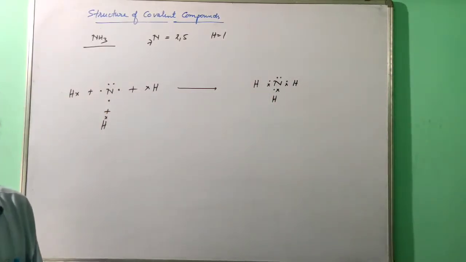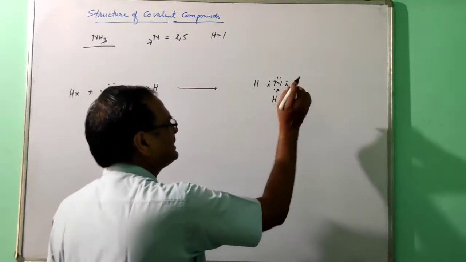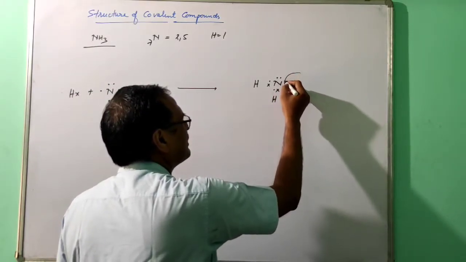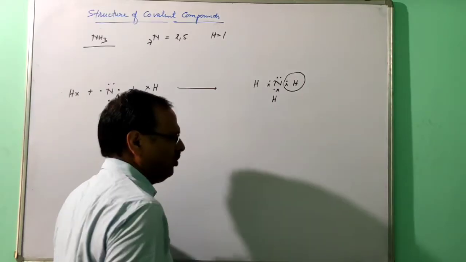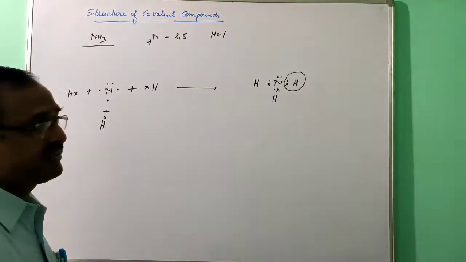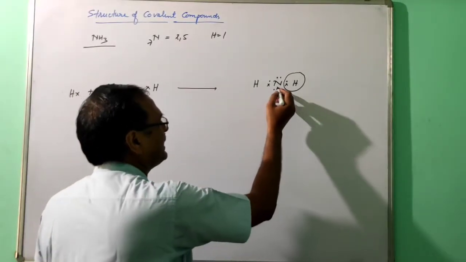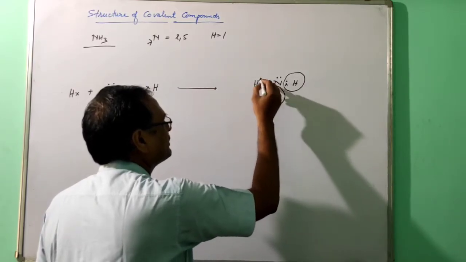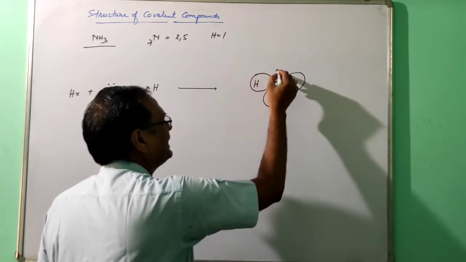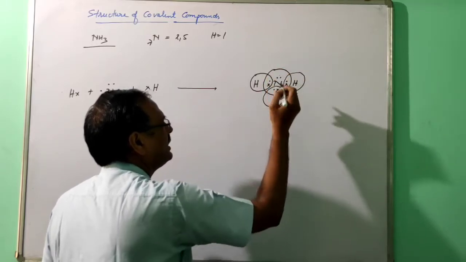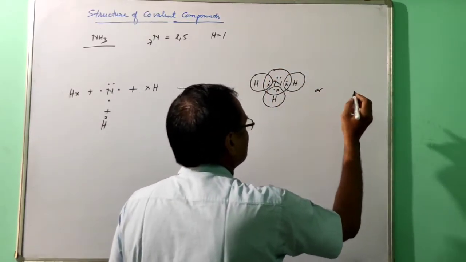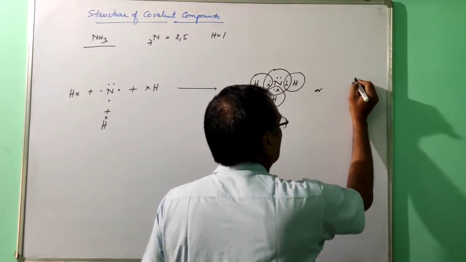Now this is the structure. Now the octet of nitrogen is complete, and the duplet of hydrogen. So either you can leave it there, or if you want you can draw the Venn diagram. So this is the Venn diagram, and now the final structure.